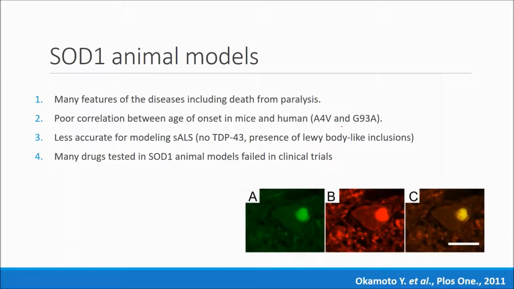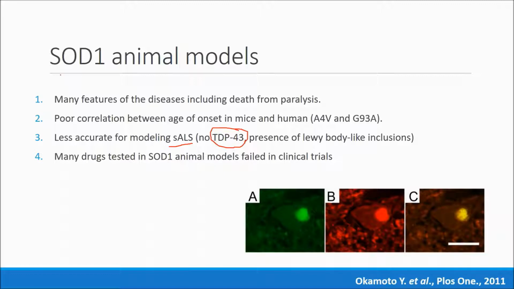However, they are less accurate for modeling all ALS cases, because the SOD1 pathology is not found in every case of ALS. This is a highly controversial subject, but most of the cases do not have SOD1 pathology, but have TDP-43 pathology.